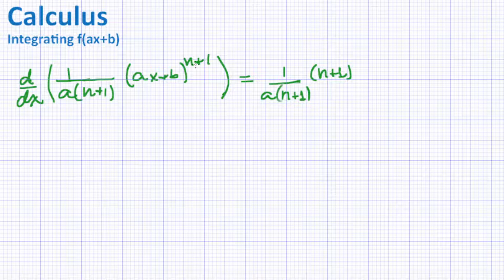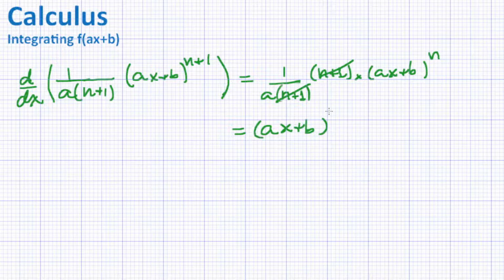And not only that, this will be now less 1, so n plus 1 less 1 times ax plus b to the power of n, because it was n plus 1 minus 1, so we cancel those out, and we can also cross n plus 1 out, so the derivative of that would be (ax plus b) to the power of n.